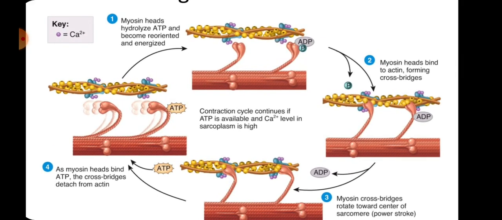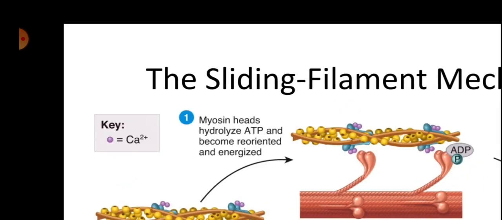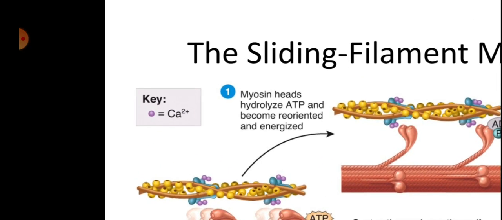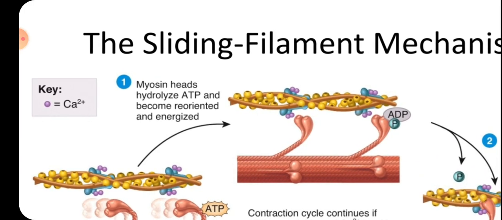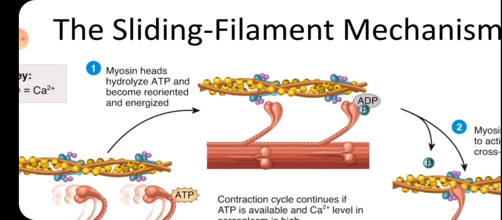Here in this figure, the purple globule is the calcium ion. Now you can see how myosin heads, which is the orange myosin filament with globular heads, hydrolyze ATP and become reoriented and energized.